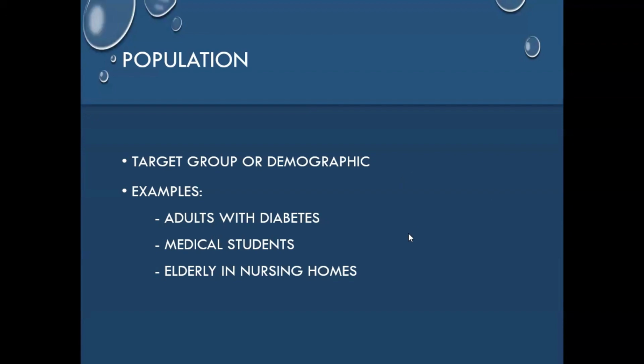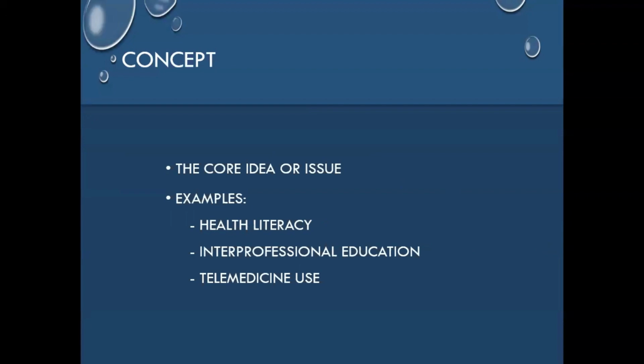So let's move to the next one, the concept. The way to remember the concept is the what of your question. So this is what do you really want to look at, the core idea, the core issue. It could be an intervention, a behavior, or a trend that you want to explore. Use this idea from your primary question to determine your concept.